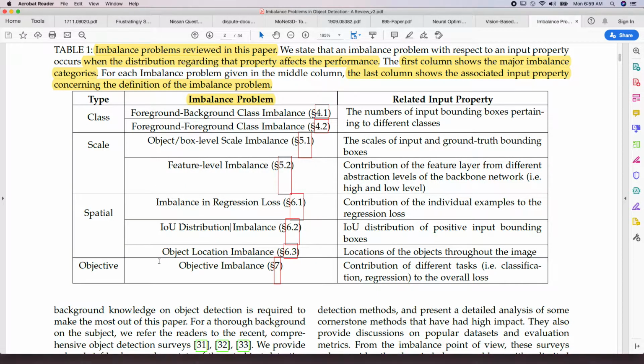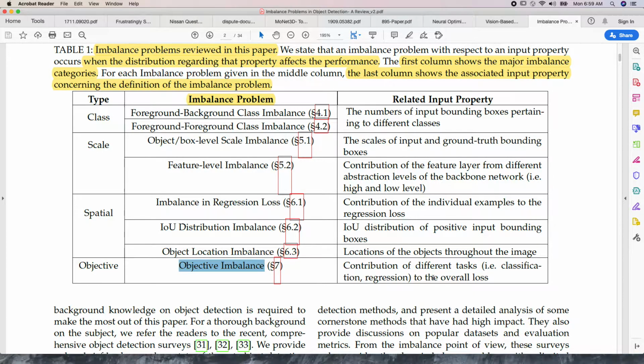Then you also have the objective imbalance. This is another important one which we will see later on. The objective imbalance is a deliberate bias towards one class, essentially the minority class.